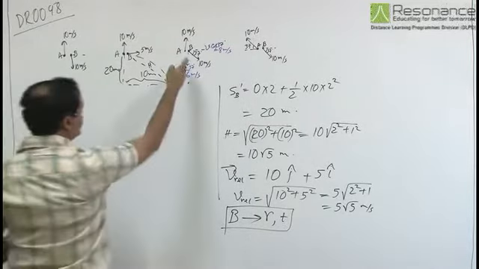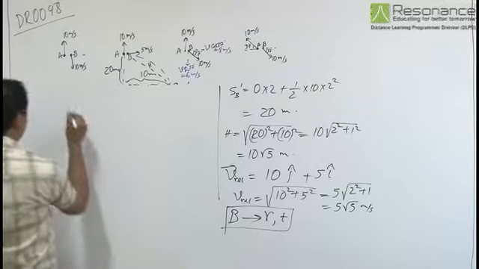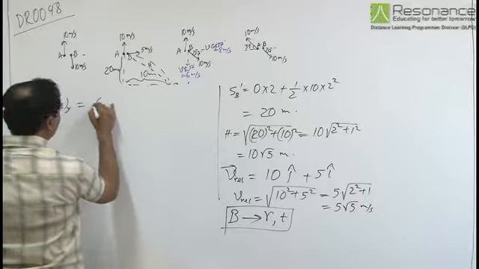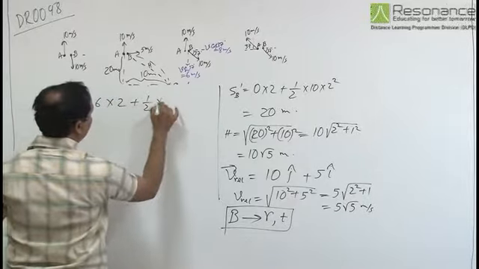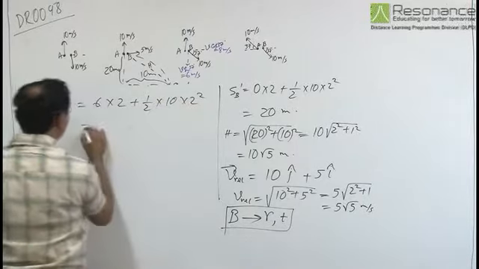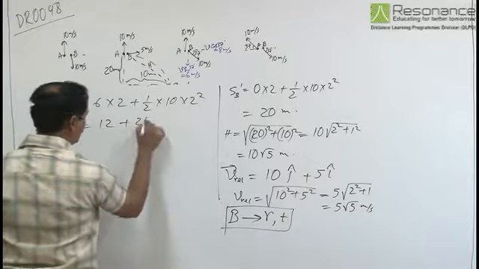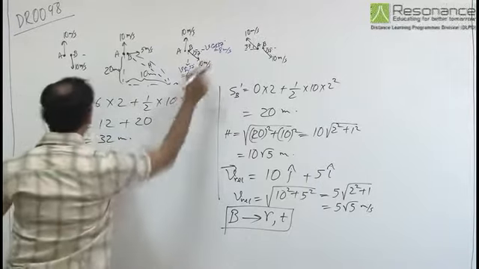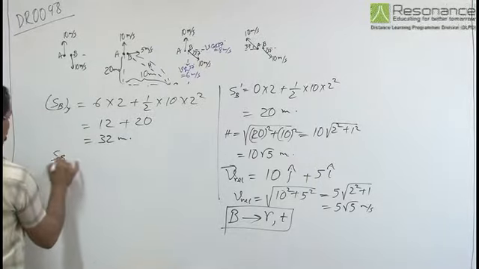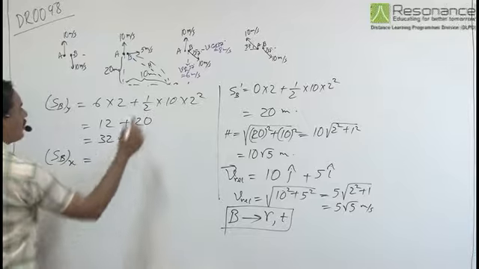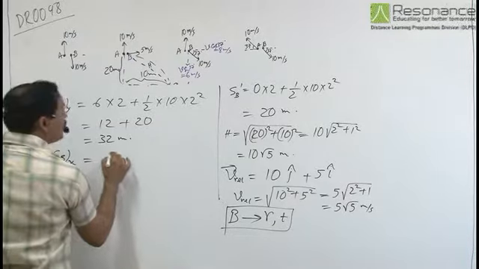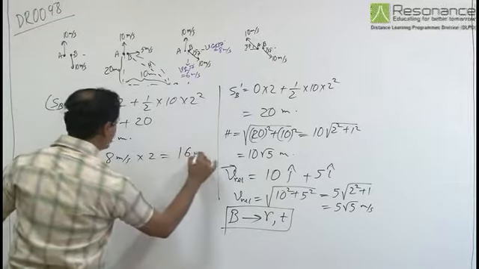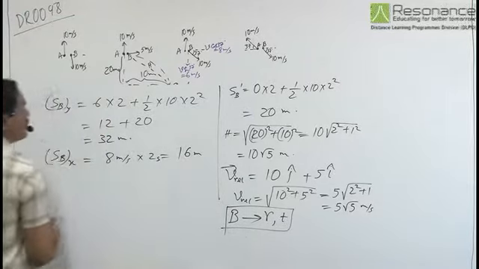So in 2 seconds vertical distance traveled by B, SBY is equal to 6 into 2 plus half into 10 into 2 square, that is 12 plus 20, or 32 meter, and horizontal distance traveled by B, that is X component, is 8 meter per second into 2, that is equal to 16 meter is the horizontal component.